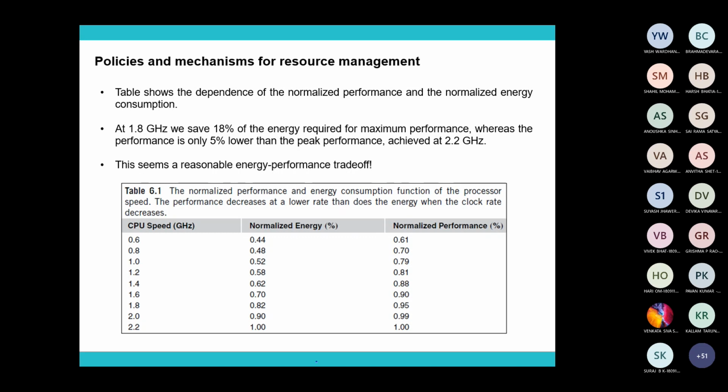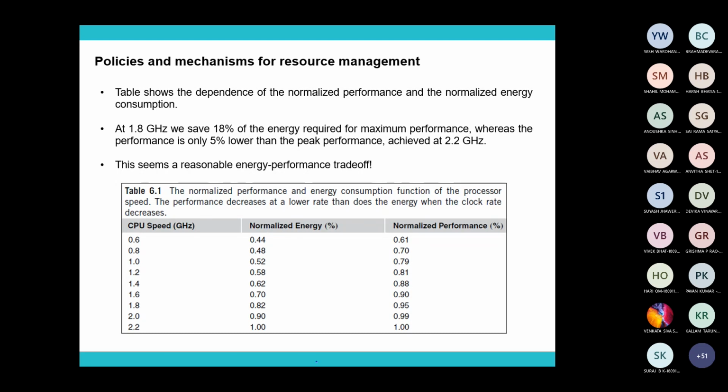What you can see is that as the frequency and CPU speed increase, energy consumption also increases, and the performance also increases. As the frequency is decreased, the energy consumption decreases, and the performance also decreases.